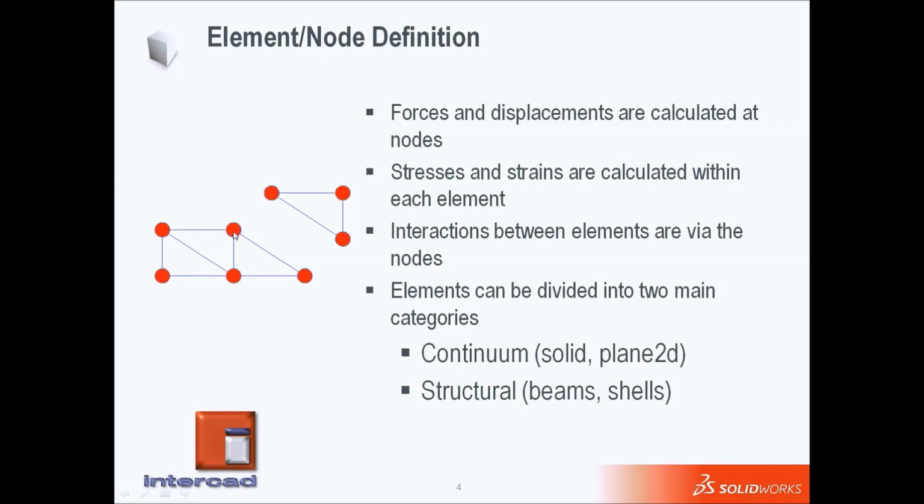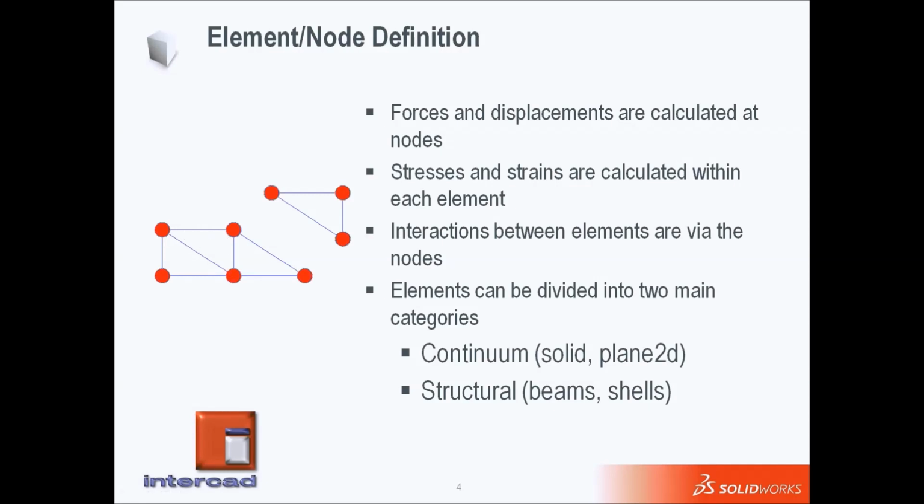We can have a single element in a triangular shape sharing its nodes with other elements, as I'm pointing at. What happens when we run an FEA analysis is that force and displacement are calculated at nodes. Stress and strain are calculated within each element. Also, interaction between the elements is via nodes, where we share nodes between the elements.